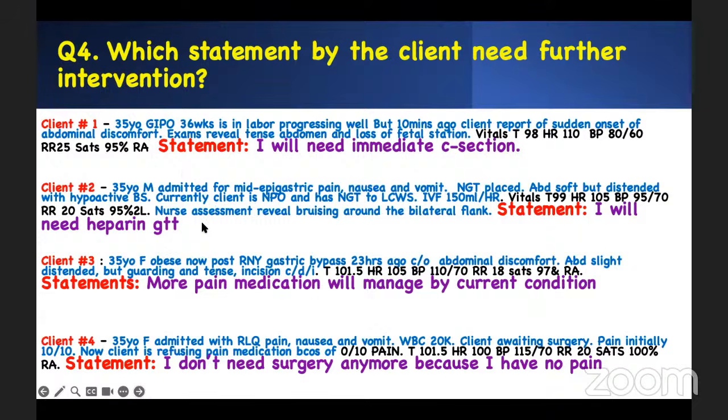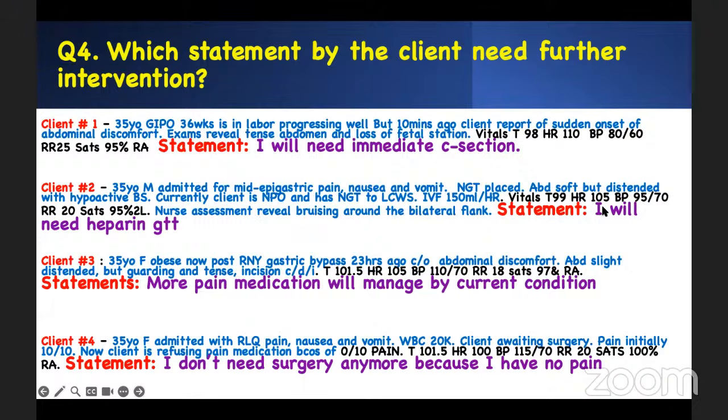Uterine rupture. This is the pancreatitis patient. This is the gastric bypass patient. This is appendicitis. The first patient said, I will need immediate C-section. Does that need further intervention? Which statement made by the client needs further intervention?